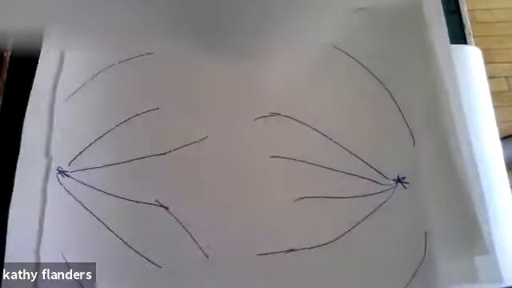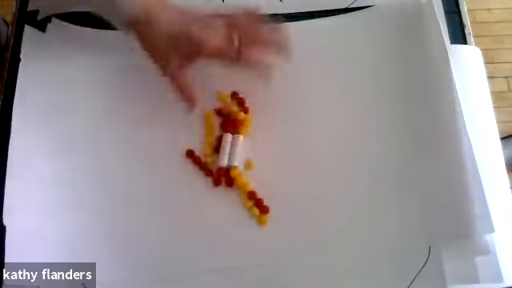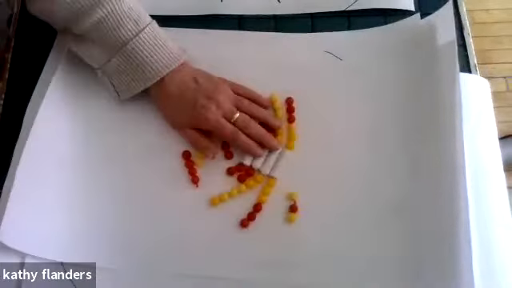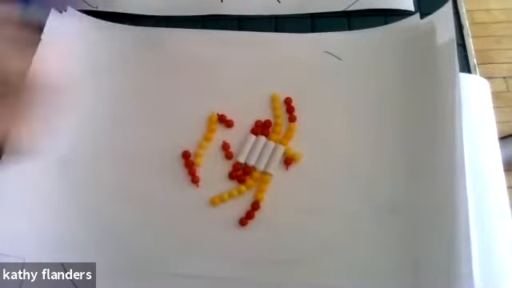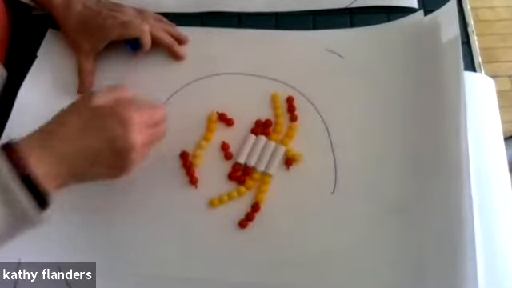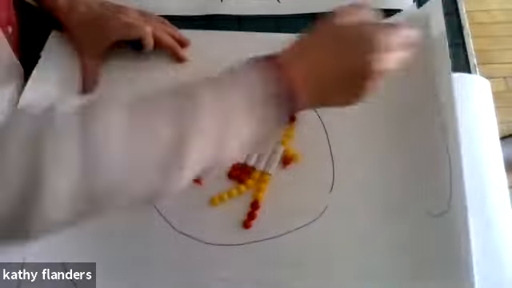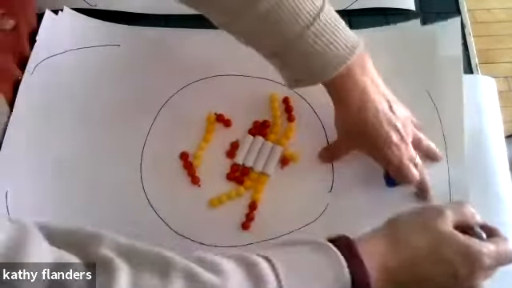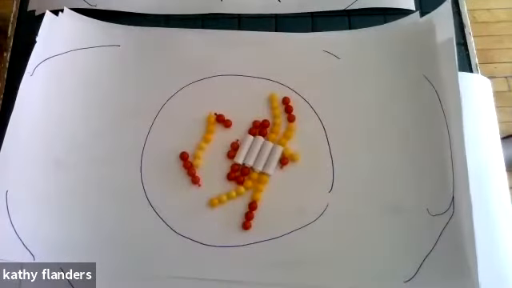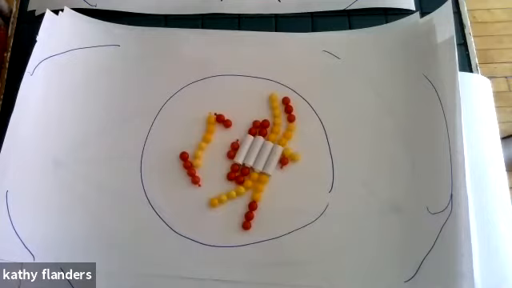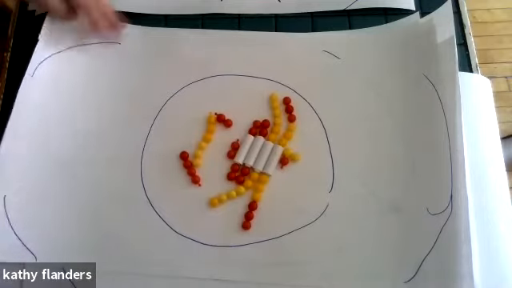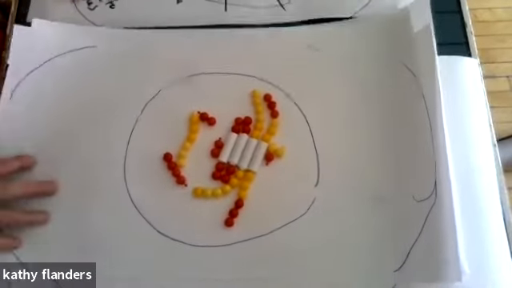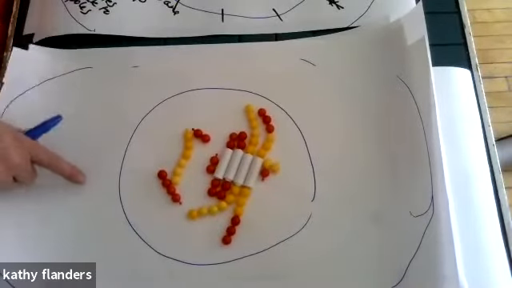Now I have 2 cells after meiosis 1. So here are my 2 cells. And where am I located again? Where's my cell located? Wasn't it in the testicle and the seminiferous tubules? Because I'm making sperm.